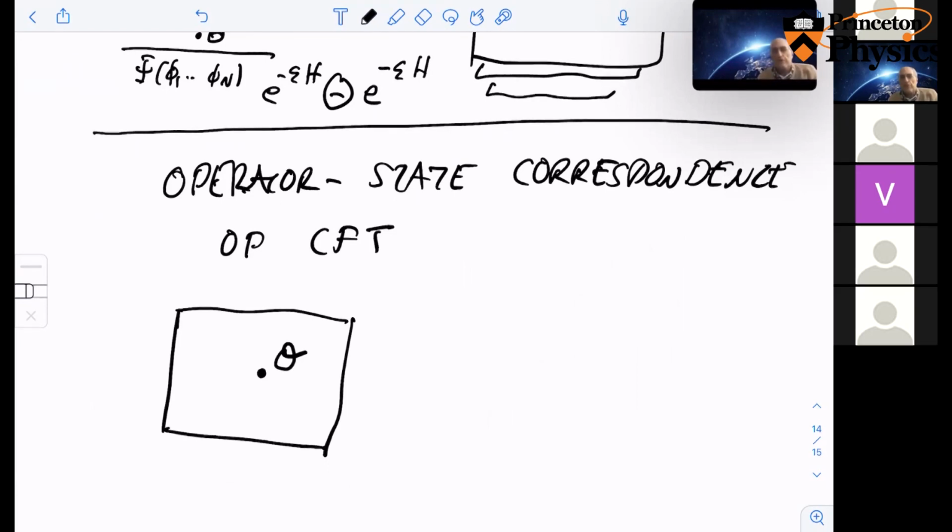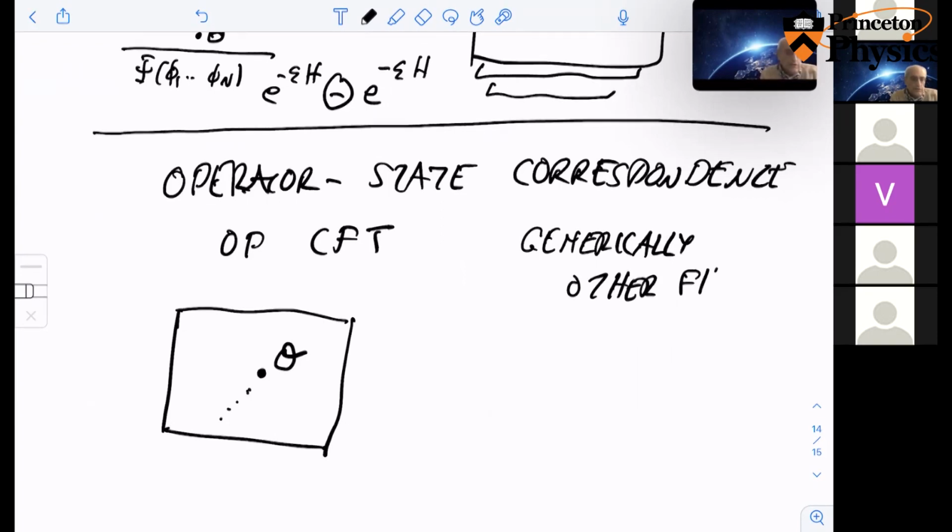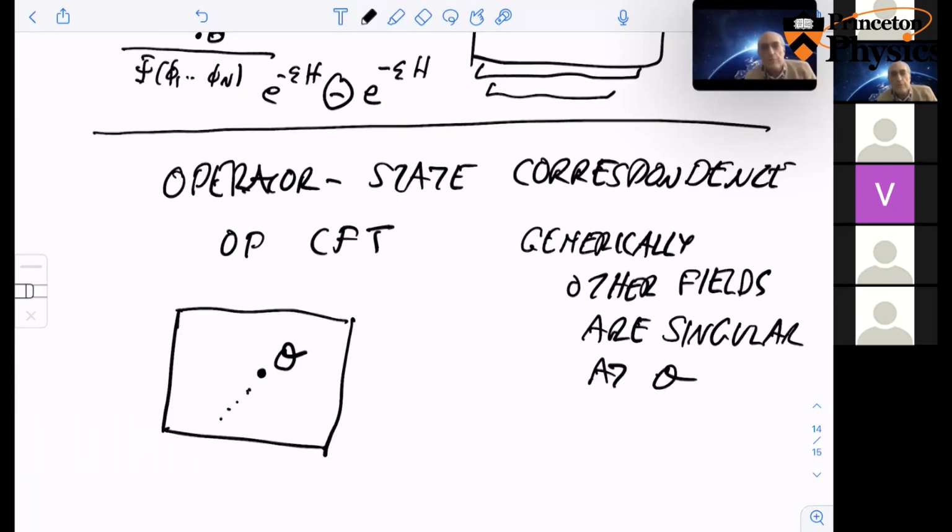If you were measuring some other operator, it would have a singularity near O. So generically, other fields are singular at O. Some other field would have a short distance singularity if you move it near O.